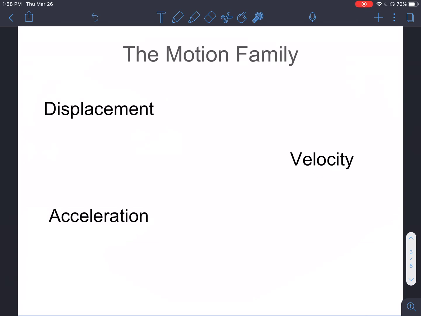Velocity would then be the dad or mom, whatever, and acceleration would then be the next child. So if you are the child, that means that you have a little something to do with velocity, where you came from, and you also have a little something to do with displacement, which is all true for these words, even in physics.